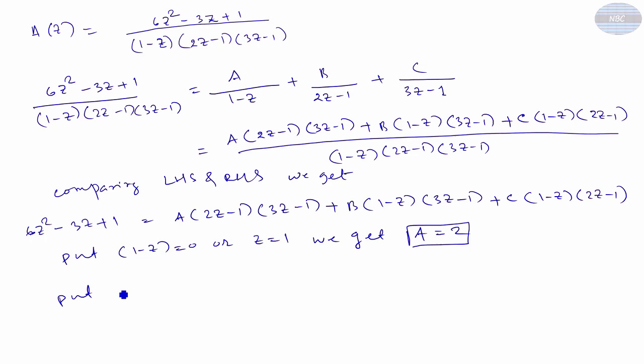Okay, so now next put 2z minus 1 is equal to 0, or we can have z is equal to 1 by 2. So when you substitute in the above expression, we get the value of B as B is equal to 4. Okay, so you can try in rough how to calculate the values of A and B.